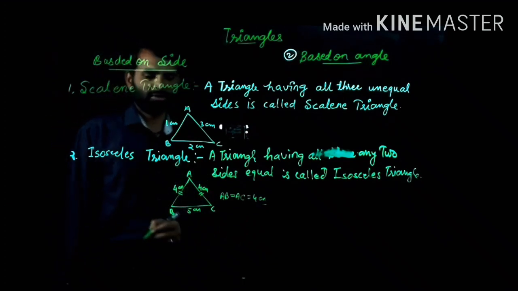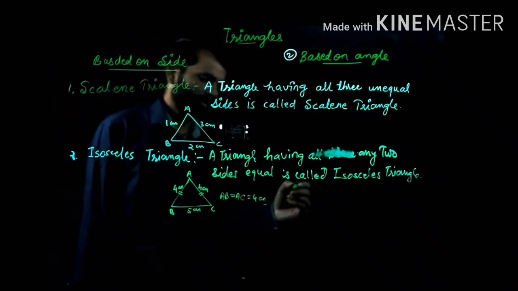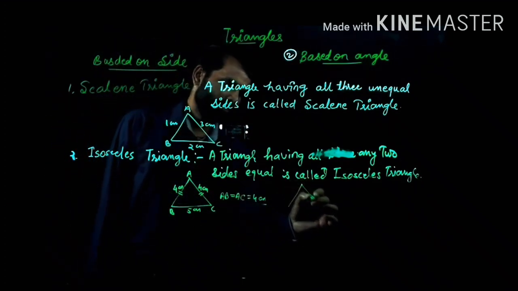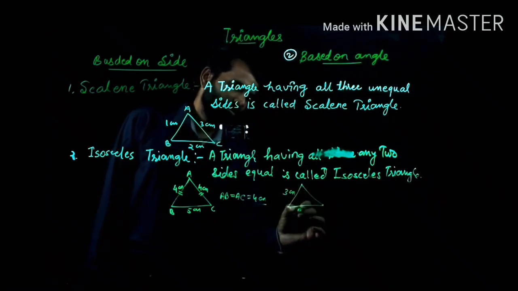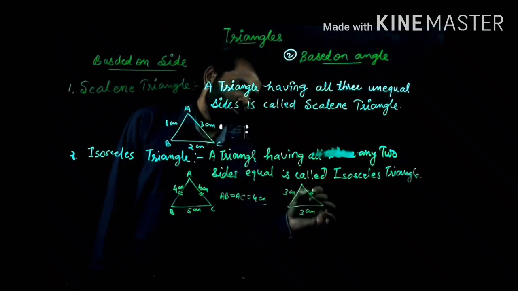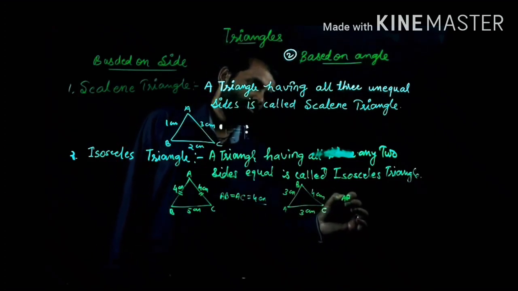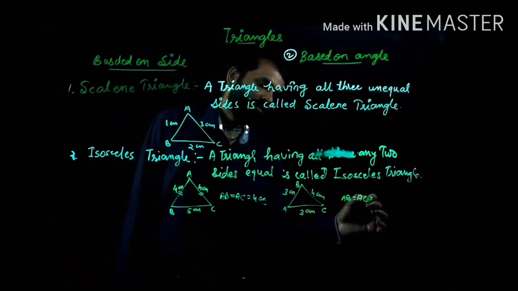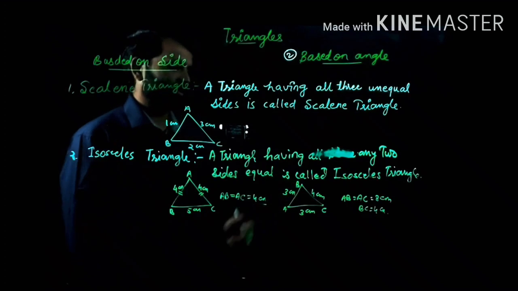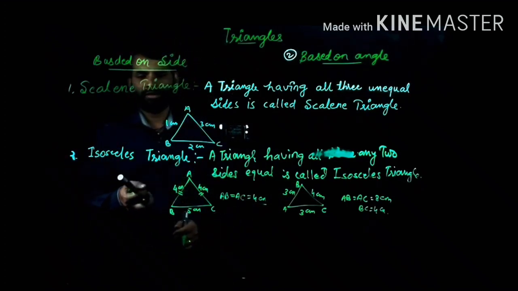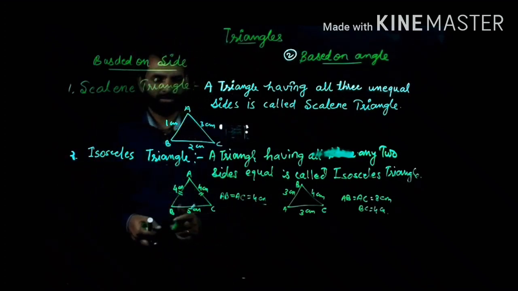This type of triangle is called the isosceles triangle. Another diagram: suppose this is 3 centimeter, this is 3 centimeter, and this is 4 centimeter. AB equal to AC is 3 centimeter, and BC is 4 centimeter. The two sides are equal. This type of triangle is the isosceles triangle.